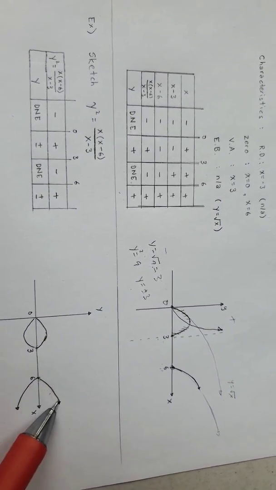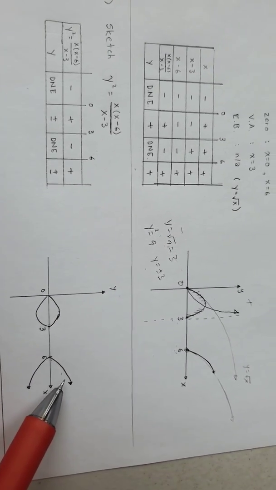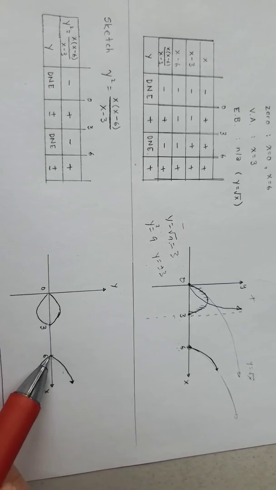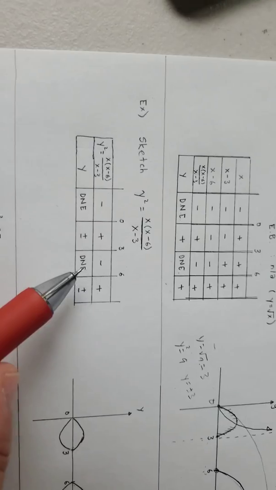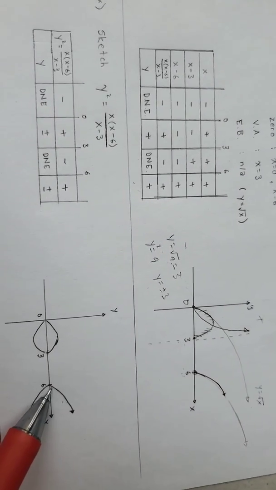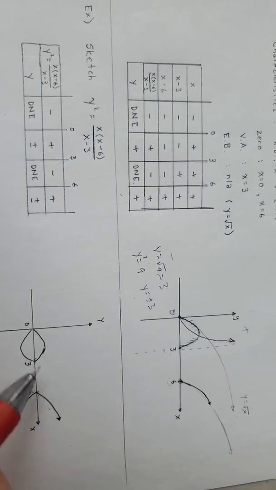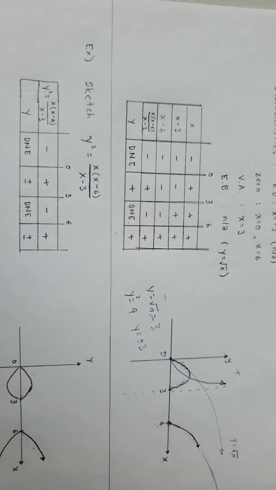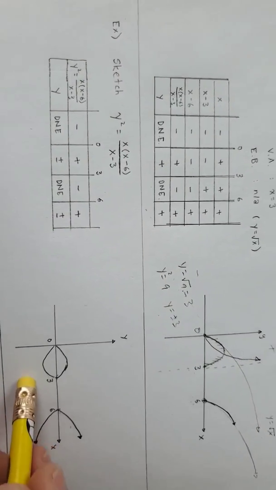We have the positive value and then we have the negative value. So what that means is, as a graph, I need to draw something that's symmetric to what's above the x-axis every single time, below whenever we have a positive and a negative. So here we have the upper part, here we have the negative part because of plus or minus. And over here, as we mentioned earlier, we have a vertical asymptote at x equals 3.